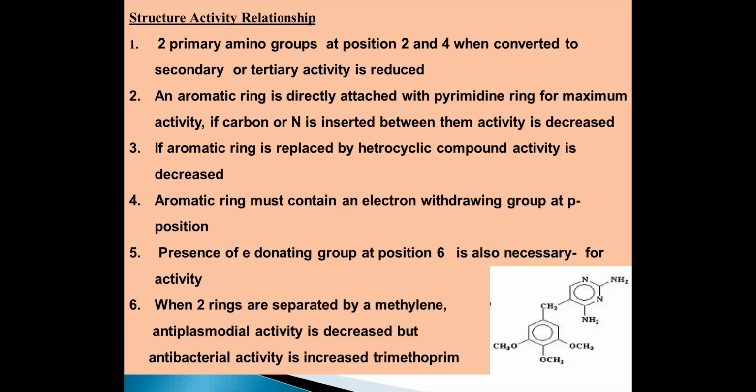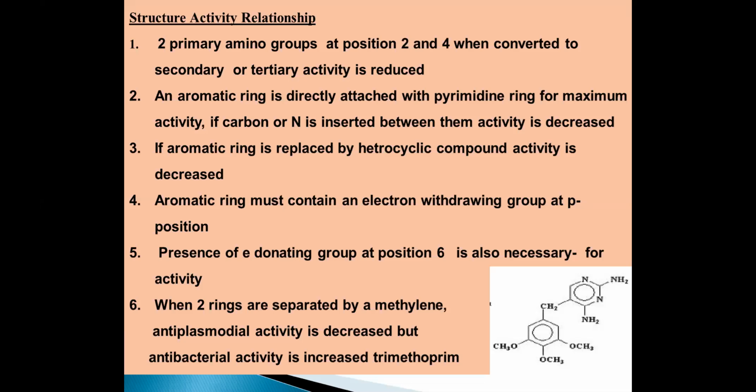If you introduce a methylene group between the phenyl group and the pyrimidine group, the anti-plasmodium activity, that is anti-malarial activity, is decreased, but your antibacterial activity is increased, and you get trimethoprim.